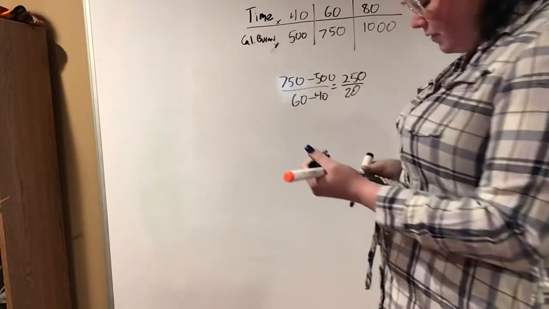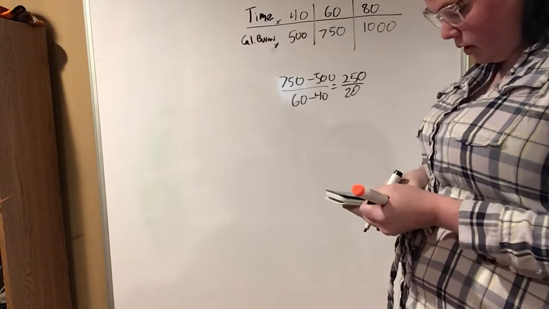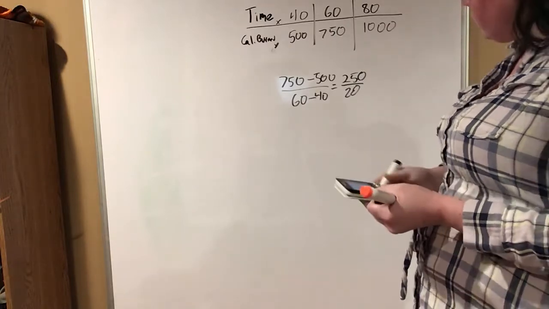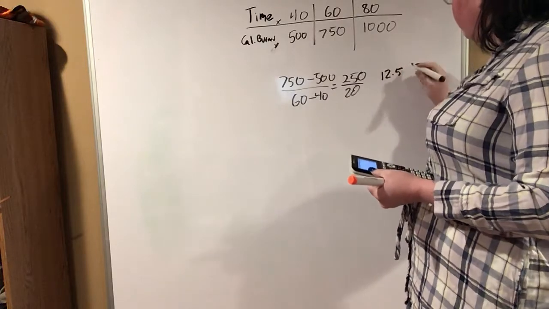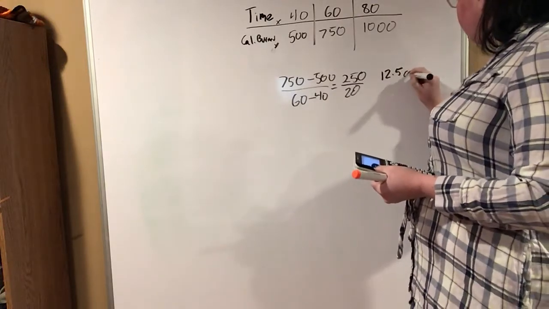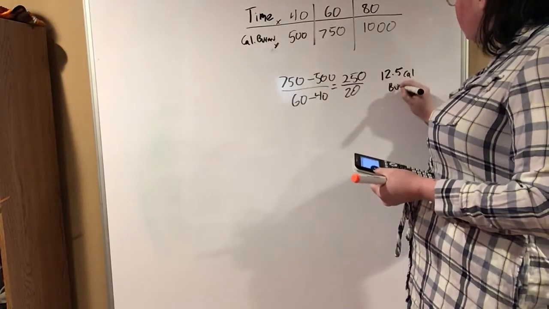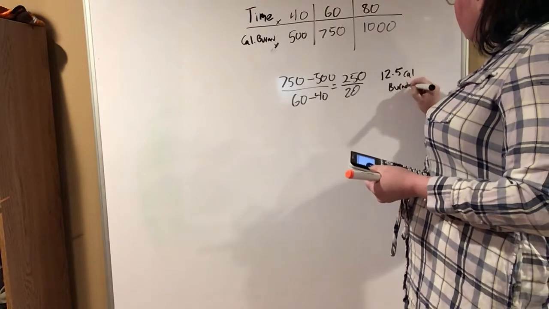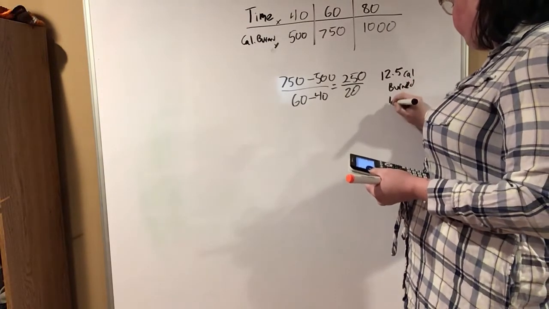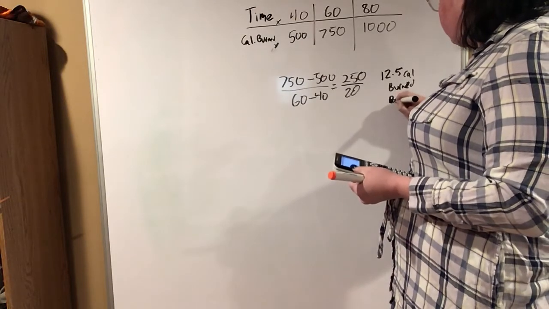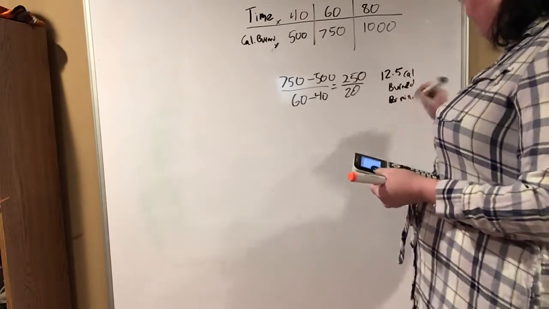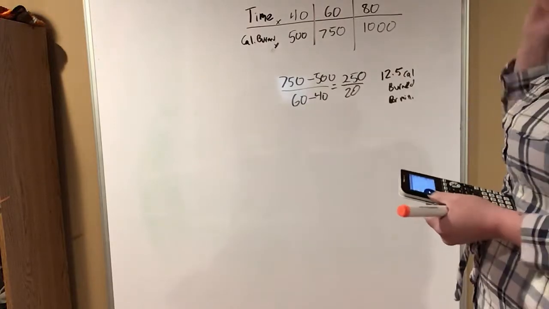Then we just divide that by 20, so we're getting 12.5 calories burned per minute. That's how many calories we're burning a minute.